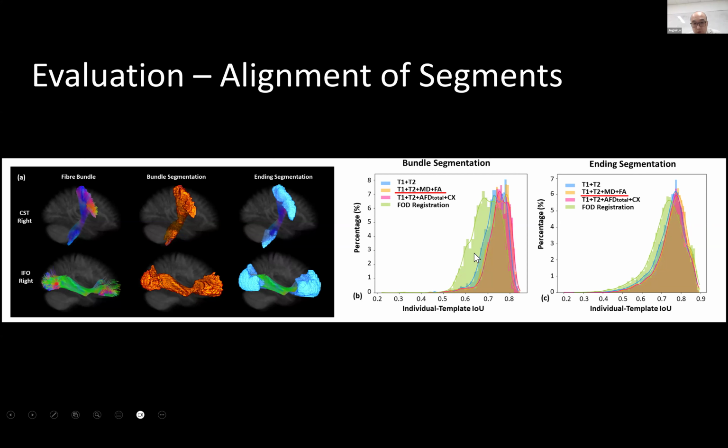Again, we found that the T1 plus T2 plus MDFA method gives us the best alignment in terms of the bundle segmentation alignment, and also the gray matter ending point alignment. In conclusion, we did show that the multimodal registration provided a lot of advance in the brain alignment, particularly for the white matter and the gray matter alignment.